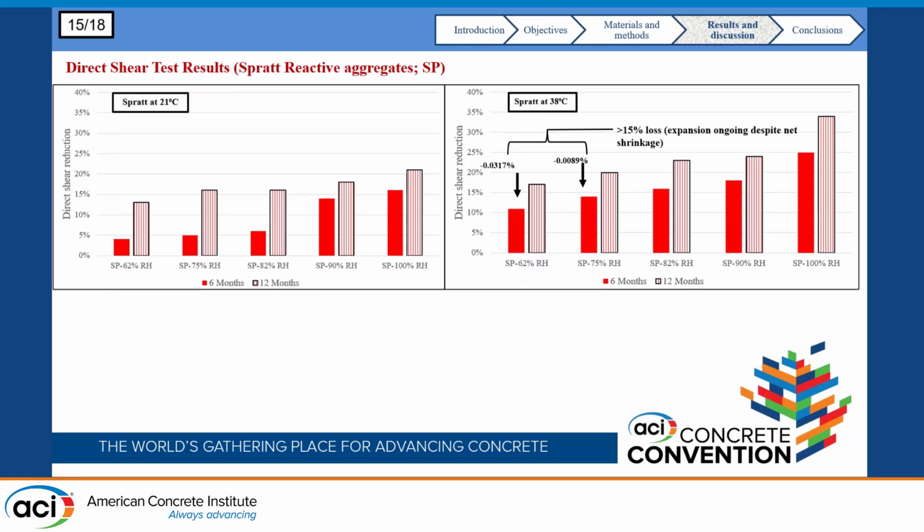However, it is worth noting that at low moisture conditions of 62% and 75% relative humidity, despite the net shrinkage that was recorded at these low moisture levels, we have attained more than 15% loss in direct shear, which shows that despite the shrinkage that was reported, alkali silica reaction is currently ongoing.